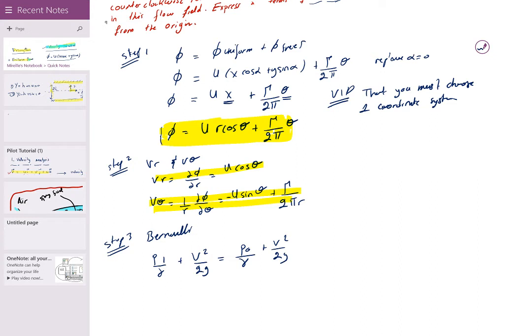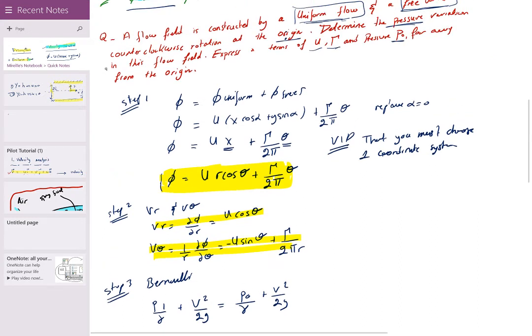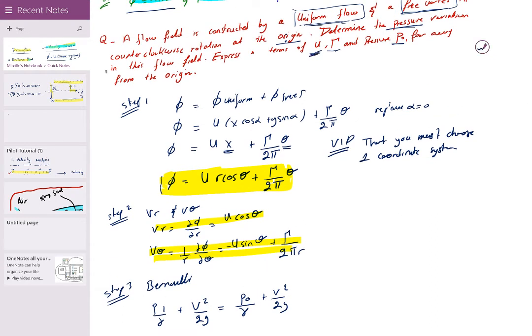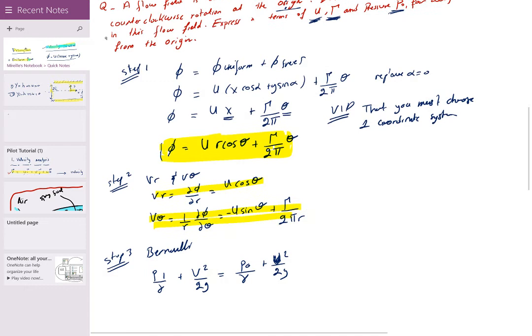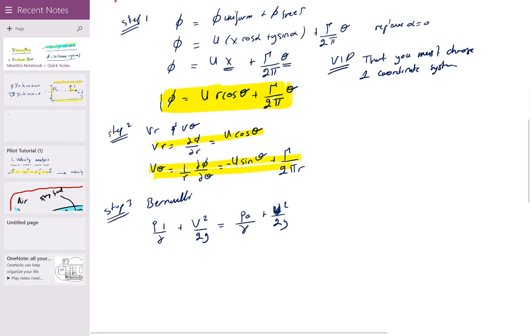The answer should be in terms of U, gamma for circulation, and P naught. If we say this is far away, so this must be U. That's given here. So I need to find my v.